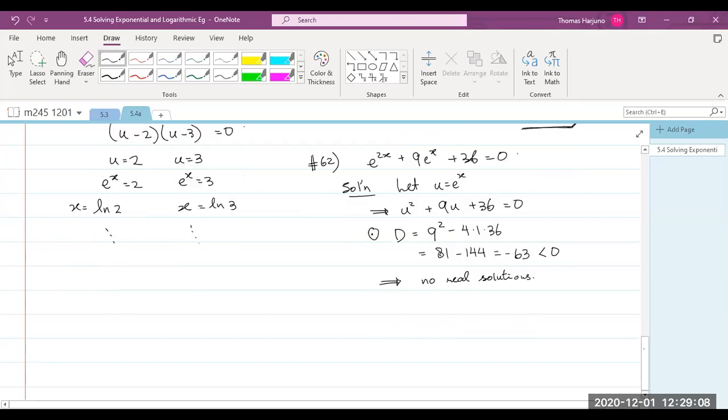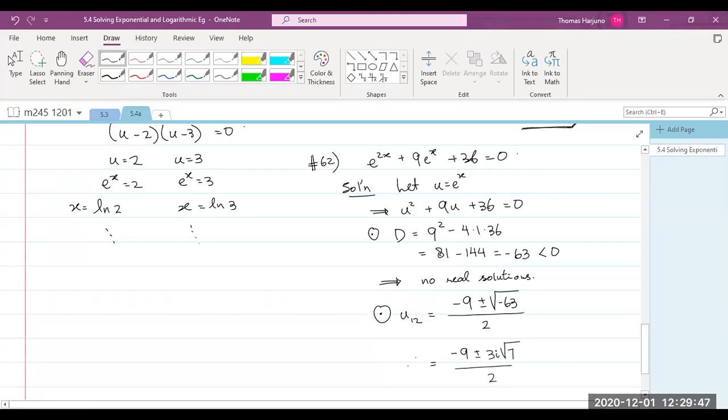In other words, if I really insist to go, then u1,2 will be negative b plus or minus square root of negative 63 over 2a. That's negative 9 plus or minus, that's 9 times 7, so 3i square root of 7 over 2.